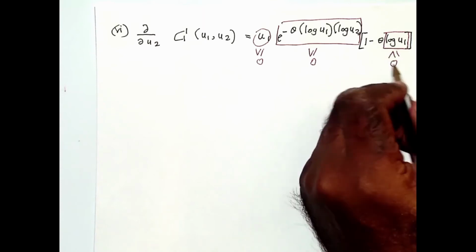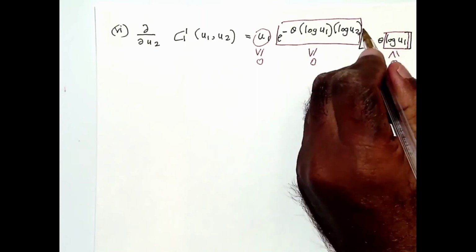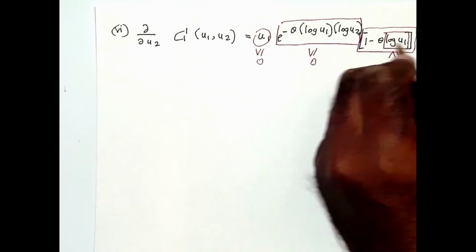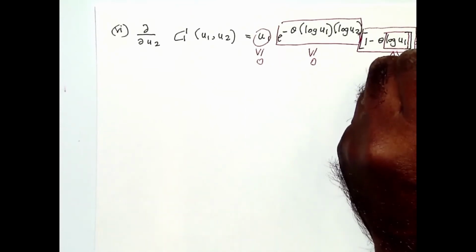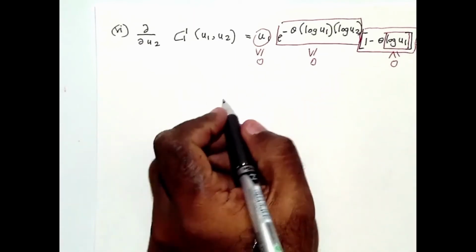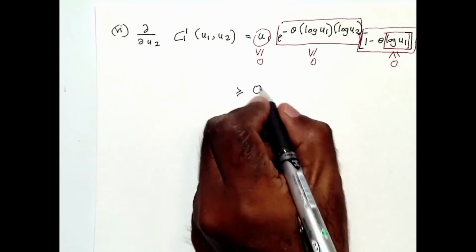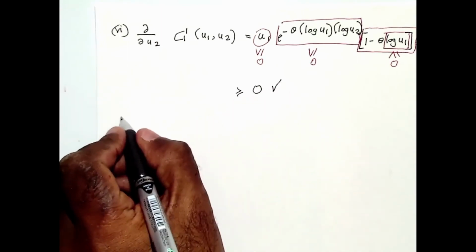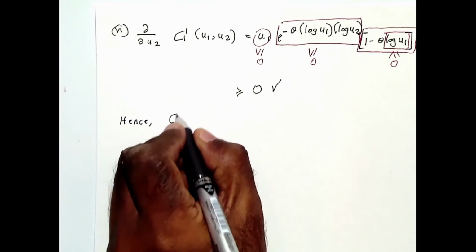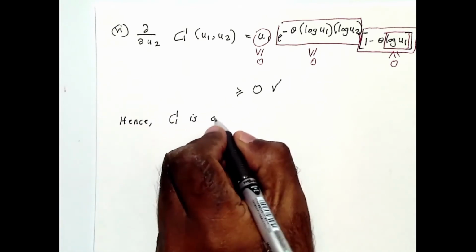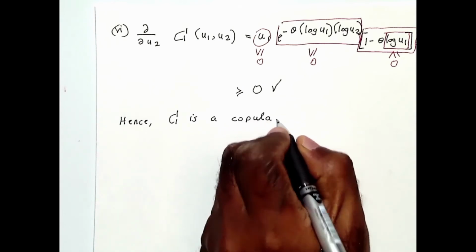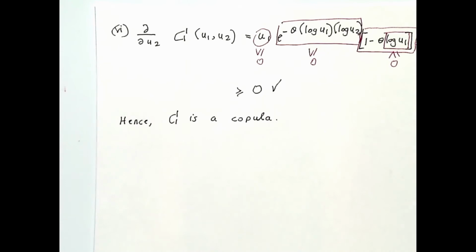Minus theta log of U1 will be non-negative, and hence what is inside here has to be non-negative. So hence we have shown that this is non-negative. So hence C is a copula. All right, so this completes question 3.